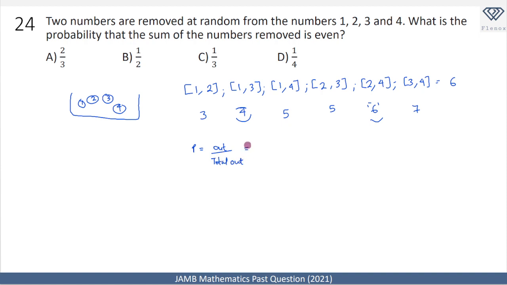In this case, the number of outcomes that I want is either this or this, which is only 2. And the total number of possible outcomes is 6, because there are 6 possible ways in which I can select 2 numbers from this basket. So I have 2 over 6, which in the simplest form is 1 over 3. And that makes option C the correct option.